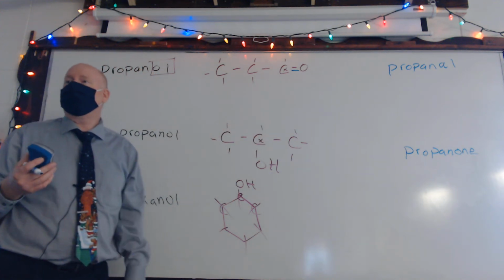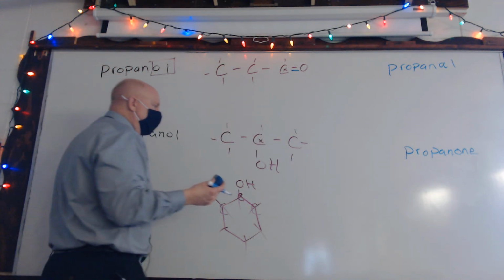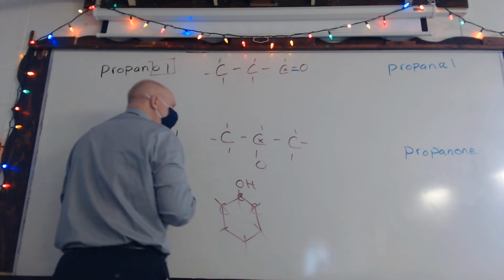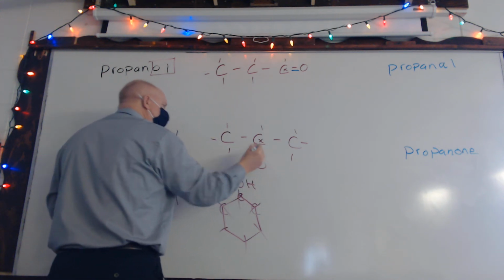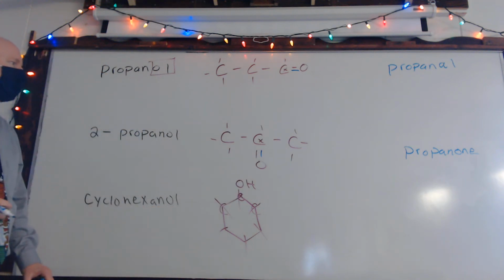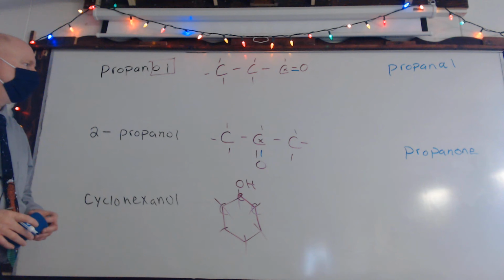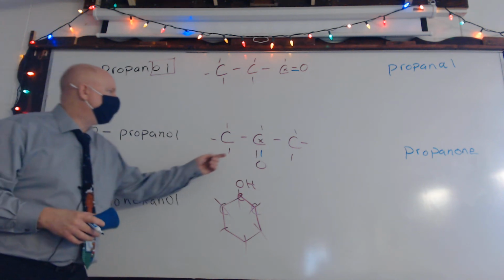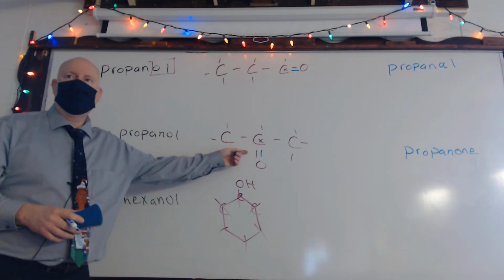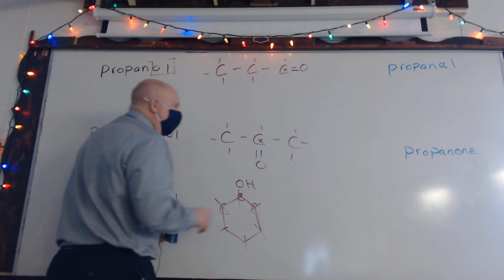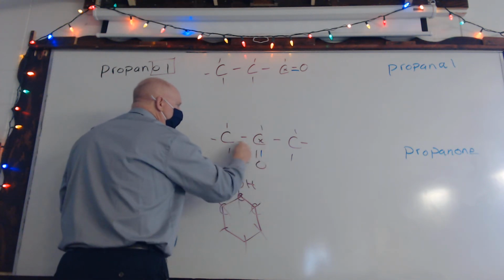Probably the same thing. So in this case, if that's gone, now what do we have to do? Because how many bonds does this carbon have now? It's got 5. You can't do that. You're breaking the compound apart if you take them 2 off.